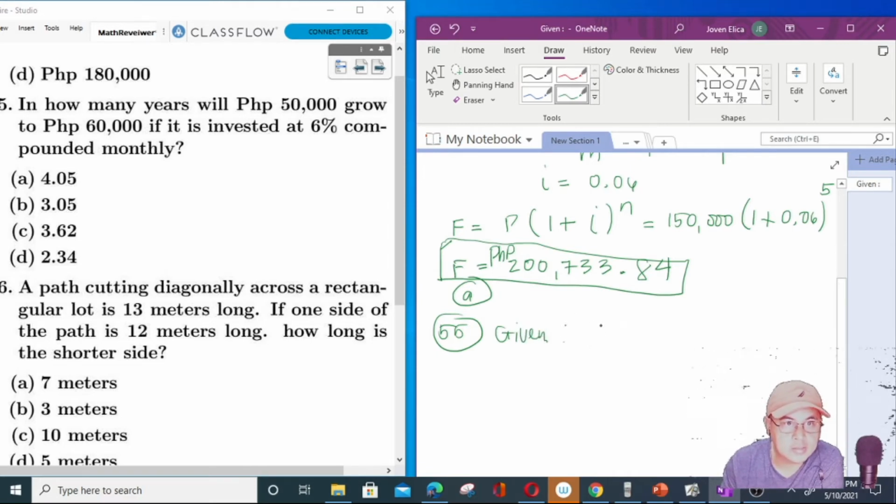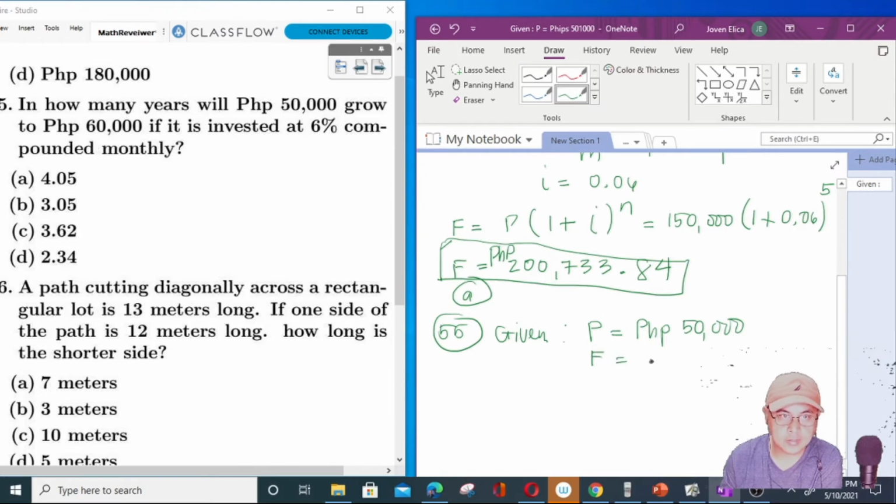In how many years will 50,000, so that means that is your P. P is equal to 50,000 pesos, and our F is 60,000 pesos. Because in how many years will 50,000 pesos grow to, the keyword here is 'to'. That means 60,000 is your future worth or your F.